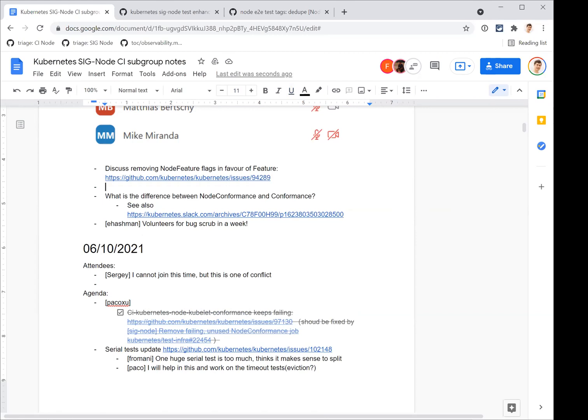Sorry I'm late. For the last node feature that I worked on, adding a new field to the pod spec, I think I used a feature tag and not a node feature tag.